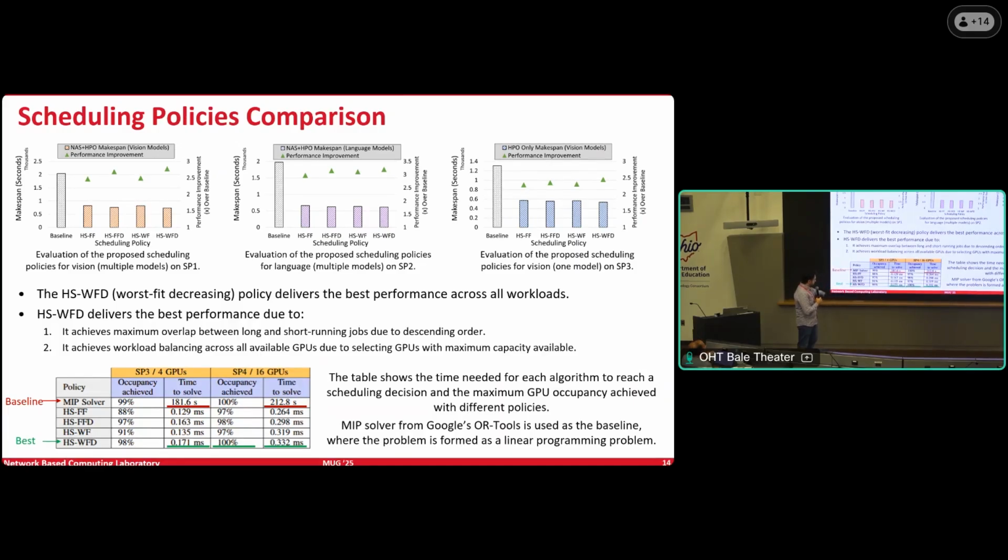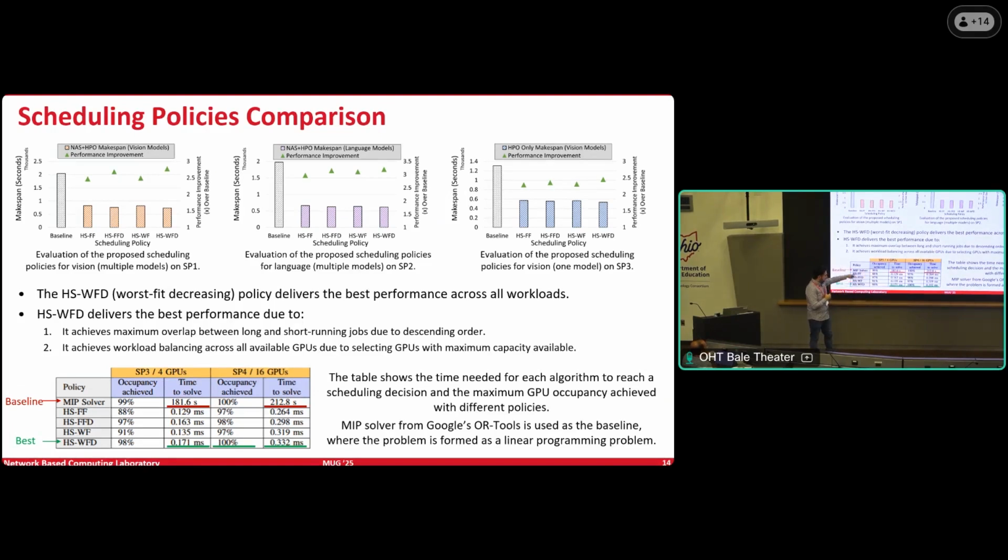And these are some numbers with the different scheduling policies on different workloads. We see there is a consistent speedup of about 2.5x to 3x, but we also see that the worst fit decreasing greedy algorithm is the best one for two reasons. One, it achieves the maximum overlap between the long and short running jobs.